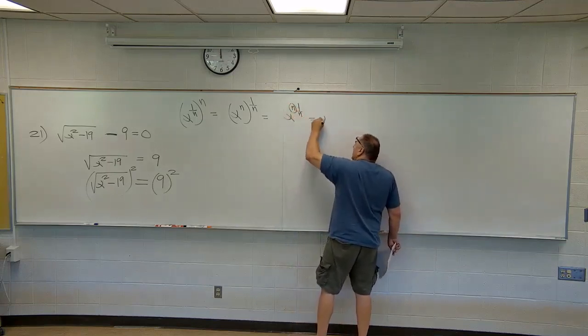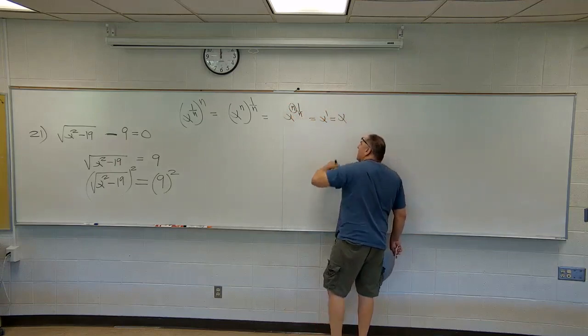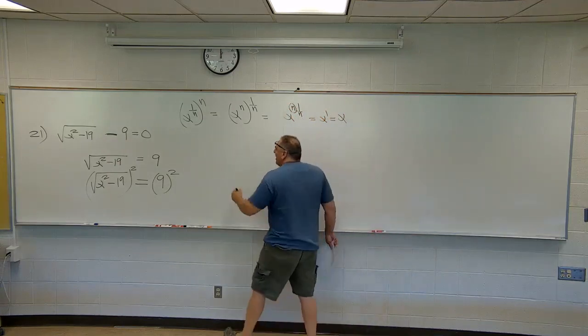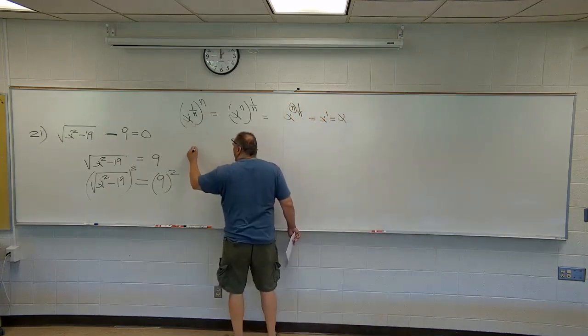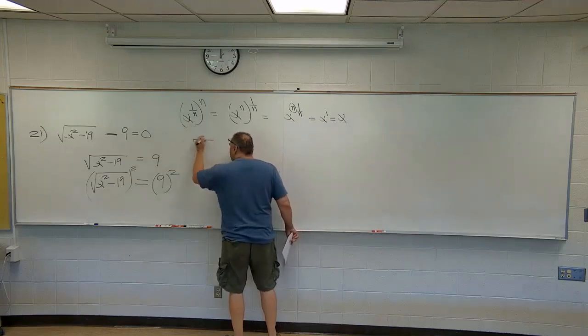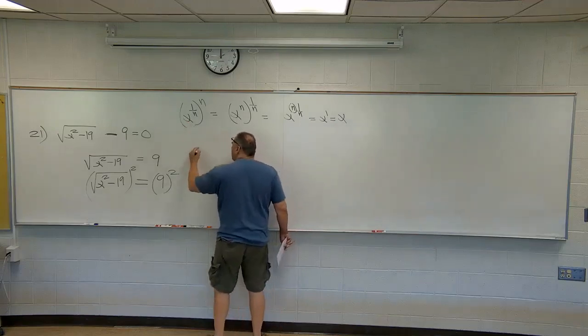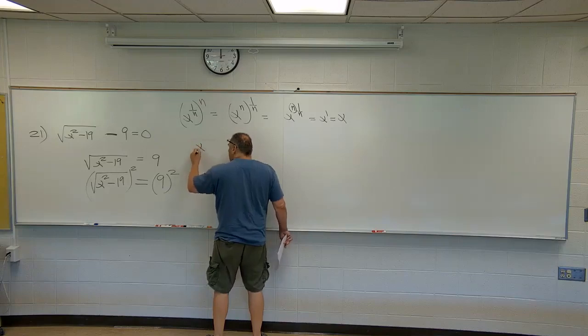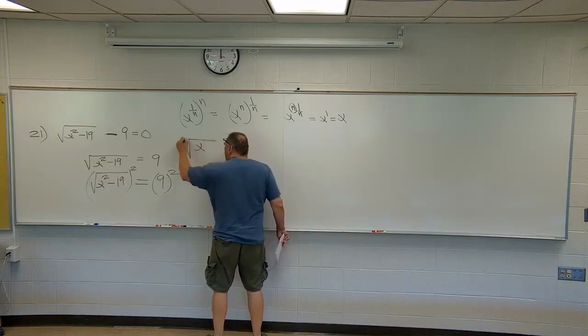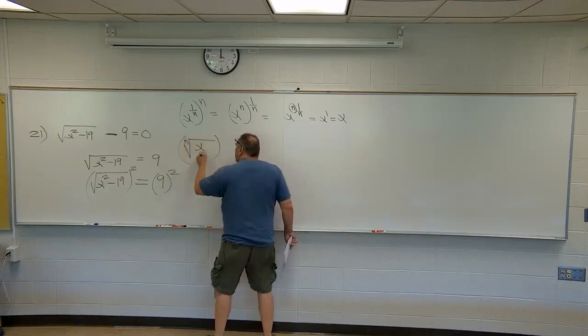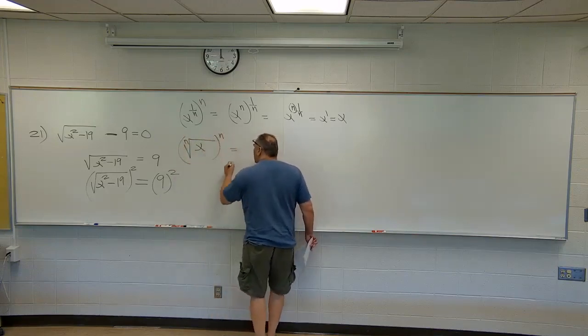The n's cancel, and you got it to the 1. It gets you x. Are you telling me that x to the 1 over n, which is the nth root of x, taken to the nth power, is x?